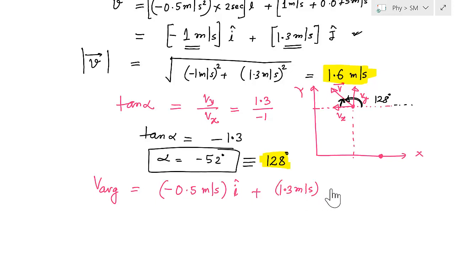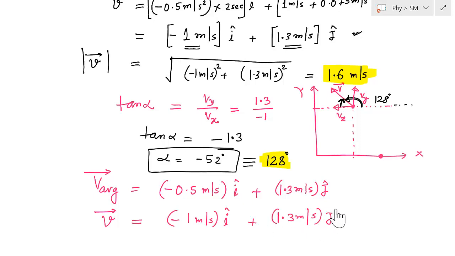You can rewind the video and see this expression that we calculated. And the instantaneous velocity at t equals 2 seconds that we just calculated is minus 1 meter per second i cap plus 1.3 meter per second j cap.